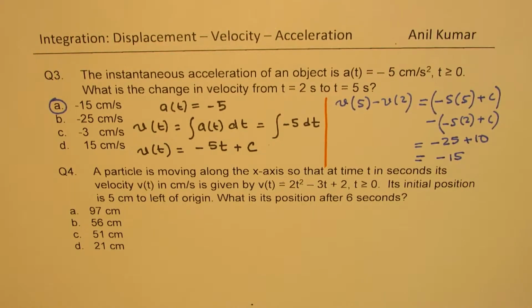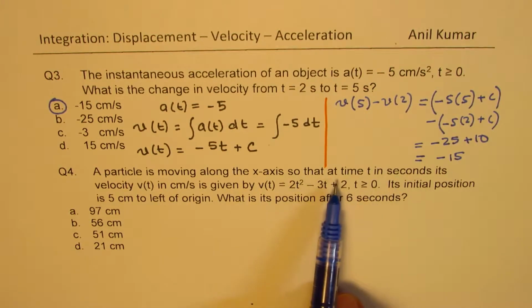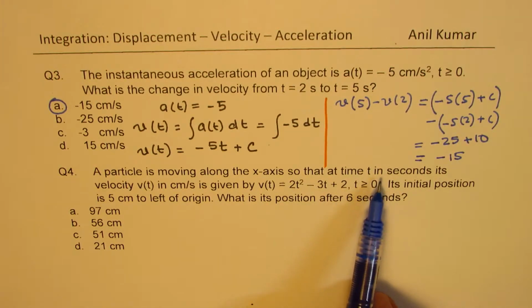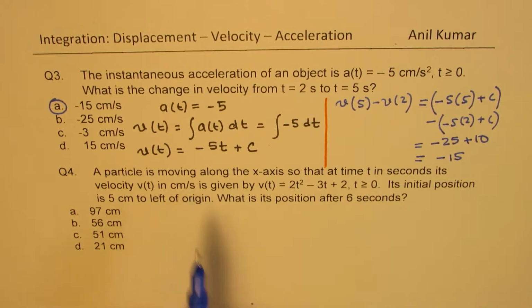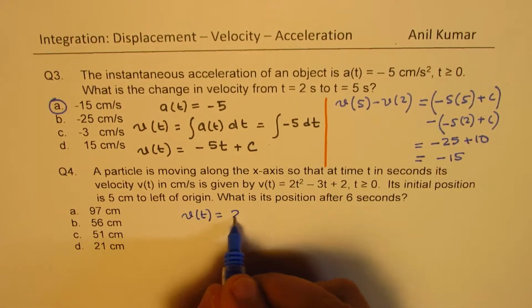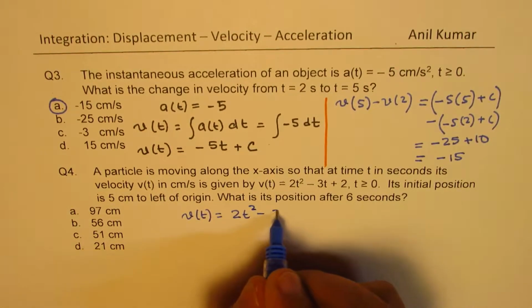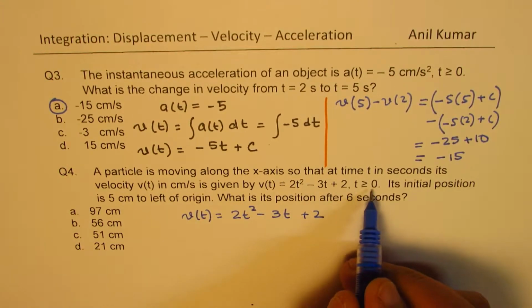Question number 4. A particle is moving along the x-axis so that at time t in seconds, its velocity v of t in centimeters per second is given by 2t square minus 3t plus 2, where t is greater than or equal to 0.